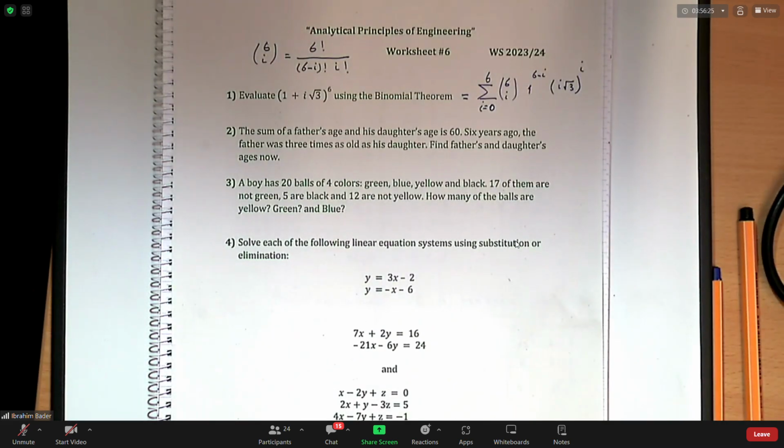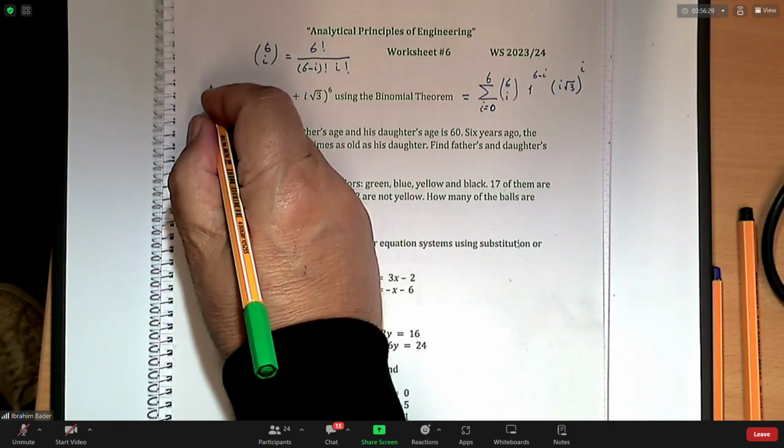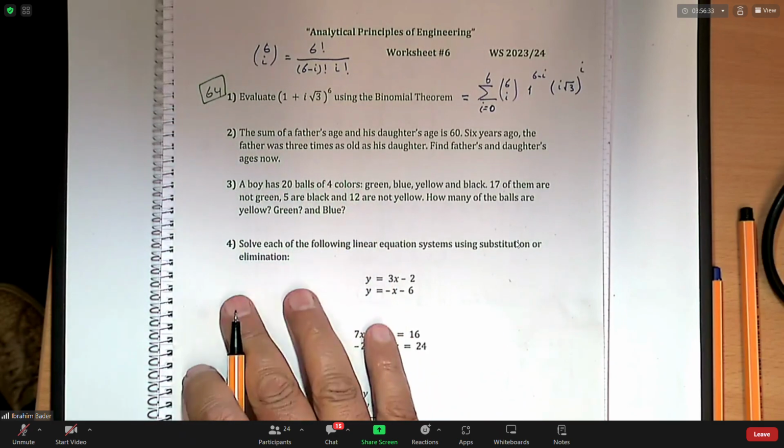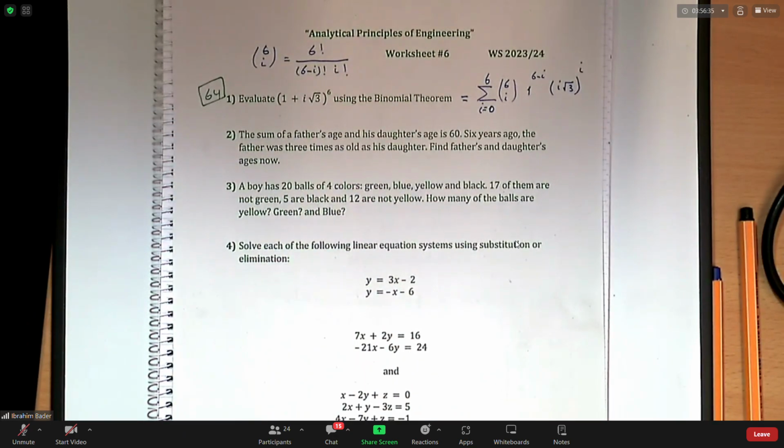Okay, number one. Anyone got it right? This one? 64, you should get. You managed to get it? Only one. You got it? You're not finished?